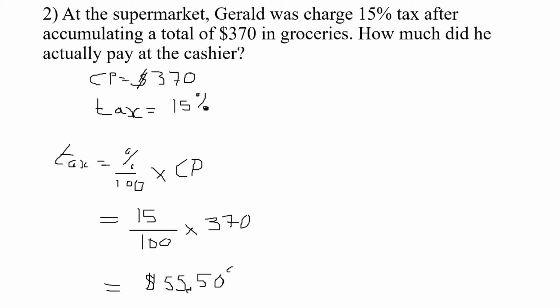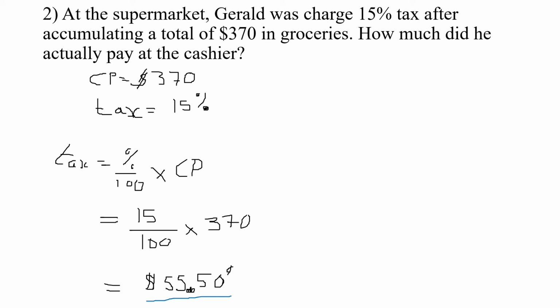This is the tax. This is the amount of tax that you will be charged at 15% when spending $370. And if I must add, even though the tax is fixed at 15%, please do not think that 15% will always be $55.50.